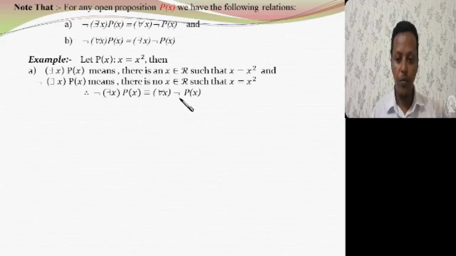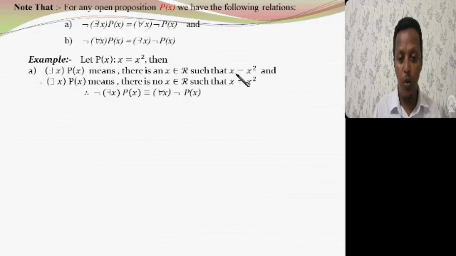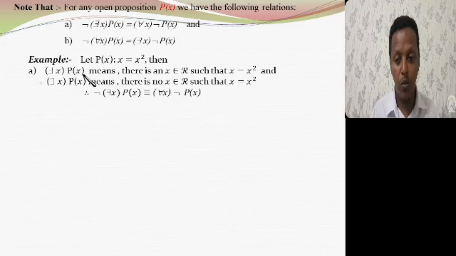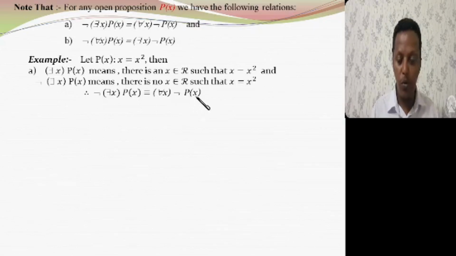False. Because there exists X P of X is true. We have at least one real number that satisfies the property X equals X squared. So there exists X P of X is a true statement. So when you take the negation of true, it will be what? False. So this is false. So if this is false, for all X, the negation of P of X is also what? False. Because it says what? All real numbers do not satisfy the property of P, which is false.